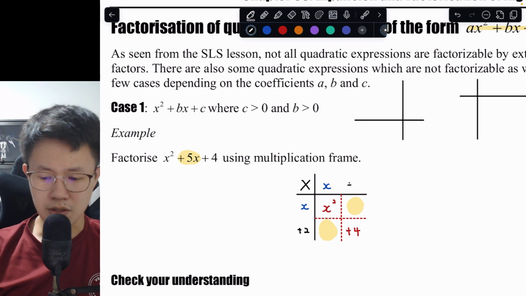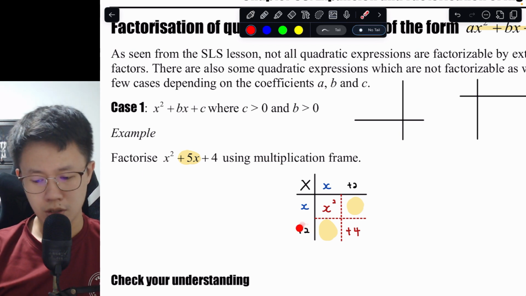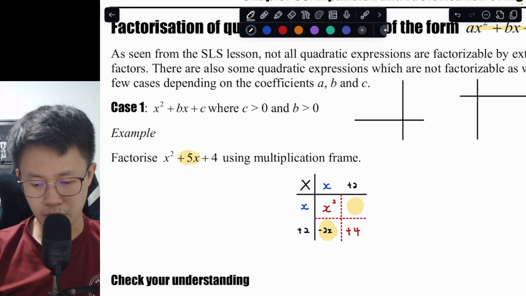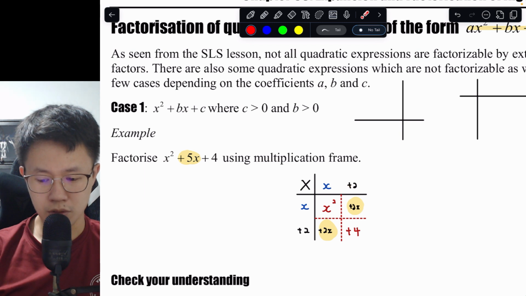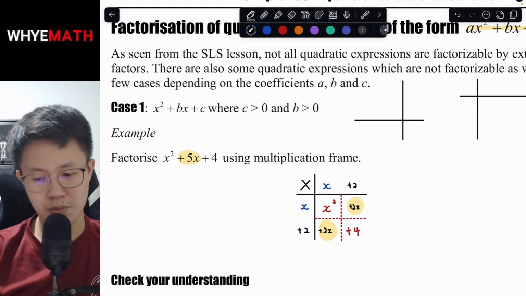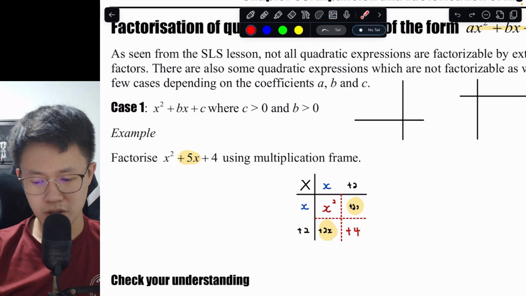Maybe positive 2 times positive 2, and you do 2 times x, and that gives you positive 2x over here, and positive 2x over here as well. But positive 2x plus positive 2x does not give you positive 5, so you need to erase them.